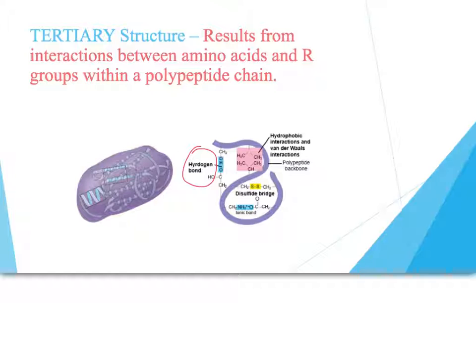We have hydrophobic and van der Waals interactions occurring, possibly, but we also have disulfide bridges, which we're about to show an example of. Again, this is in the tertiary structure. It is providing a shape to a single polypeptide chain.